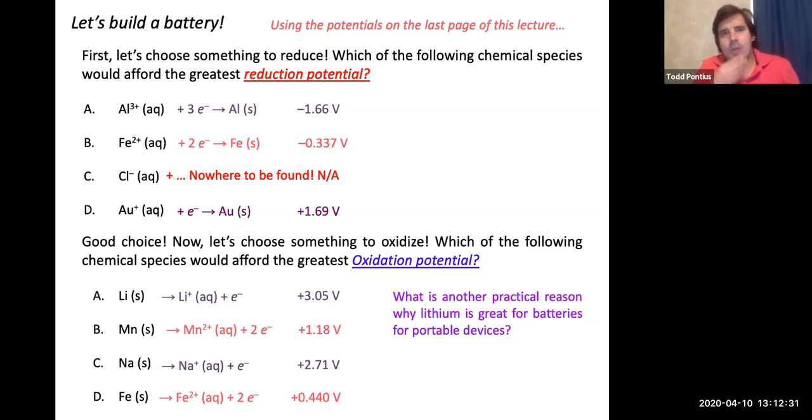If we have a portable electronic, what sort of characteristics do you look for in something that you're going to be carrying around with you all over the place? Any thoughts?